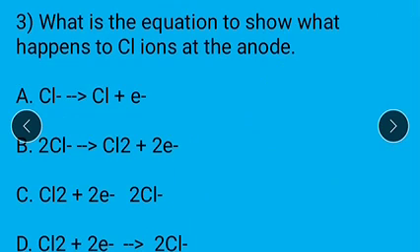Here the right answer is 2Cl minus gives rise to Cl2 plus 2 electrons. So the second option is the right answer.